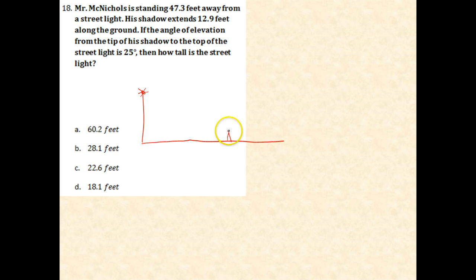Here is Mr. McNichols. And then the shadow is going to come like that. His shadow is going to be down here. There's his shadow.